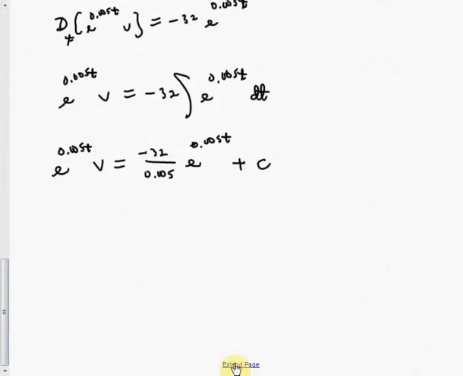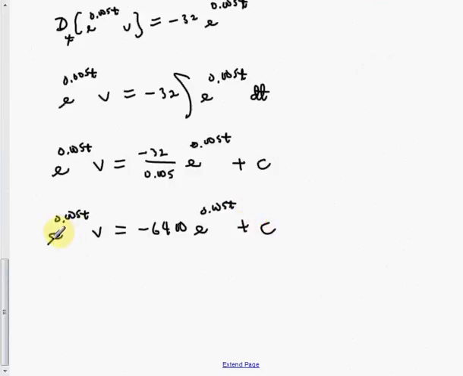The negative 32 divided by 0.005, what is that? 6,400, thank you. So this is e to the 0.005t times v is equal to negative 6,400 times e to the 0.005t plus c.